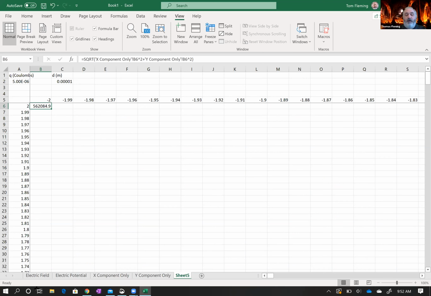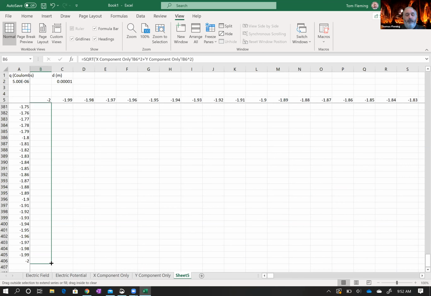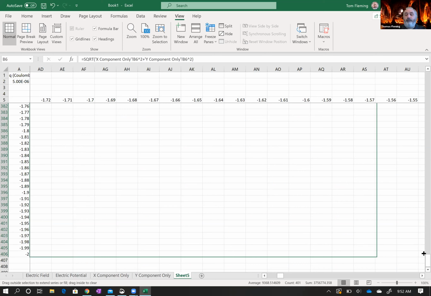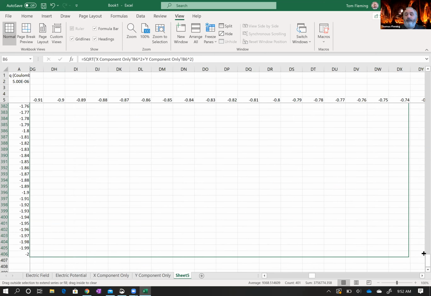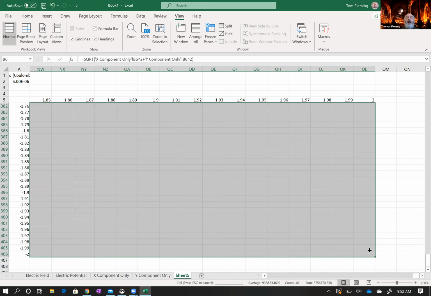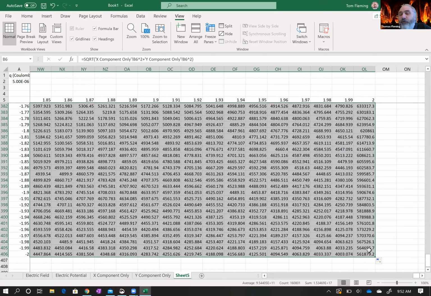Then I'm going to drag it all the way down. Drag it all the way over. And at that point, I'm going to have the electric field calculated using this delta V over D formula.